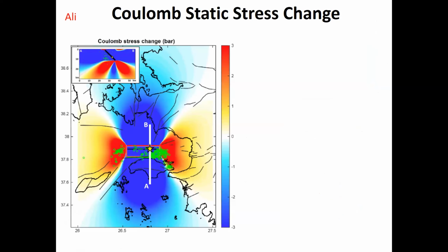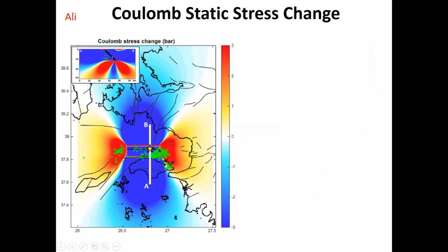And using the stress tensor, one can also obtain the optimally oriented faults that were affected by the main shock rupture. Here, a Coulomb stress change associated with the main shock fault rupture is indicated.